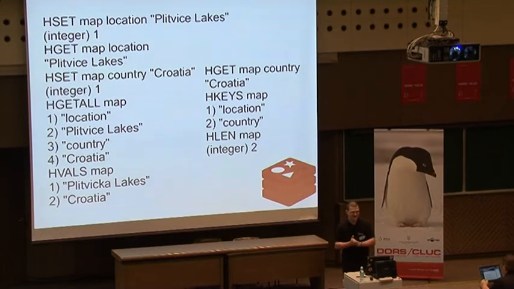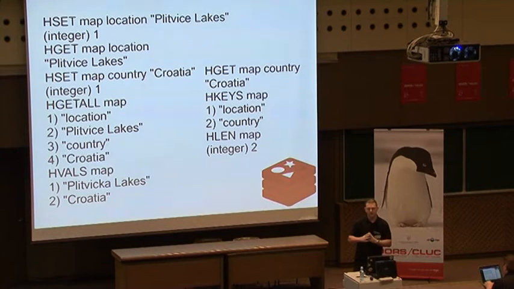With hashes, it's a little bit different, because hashes have to be implemented first by creating one variable, and then you have here the location is the key, and split with LX is the value.